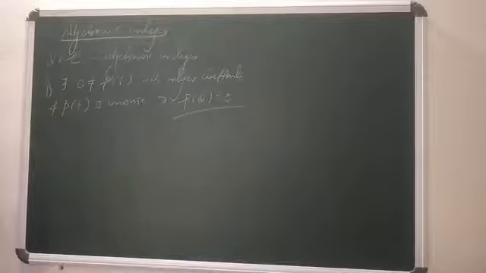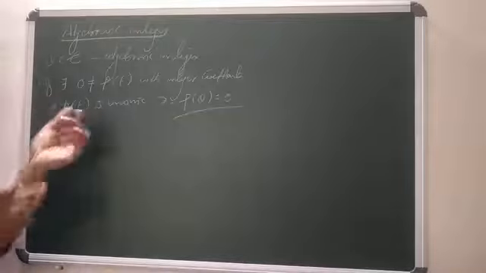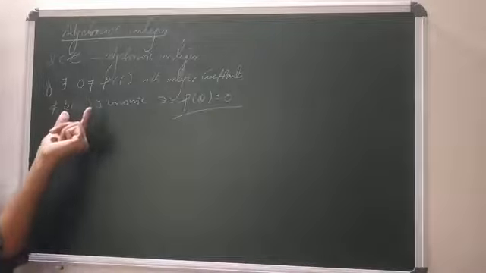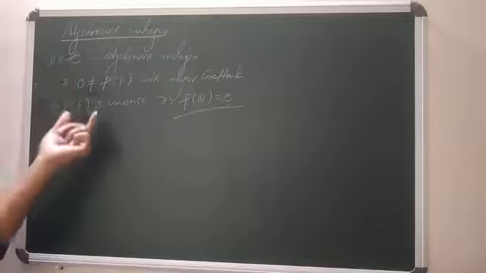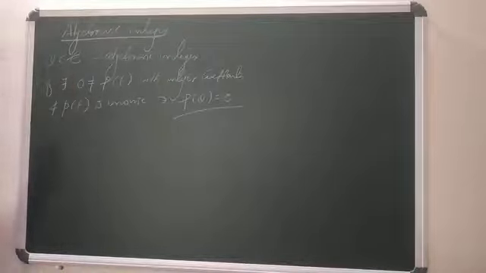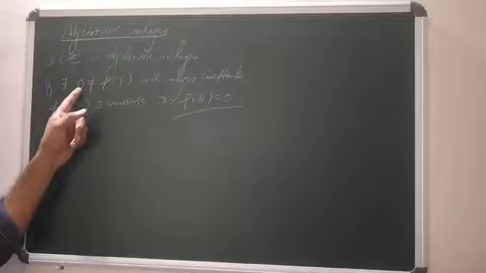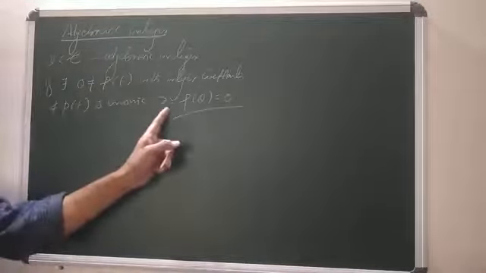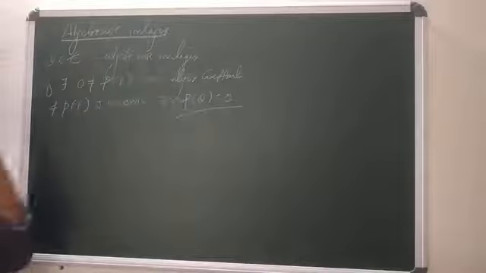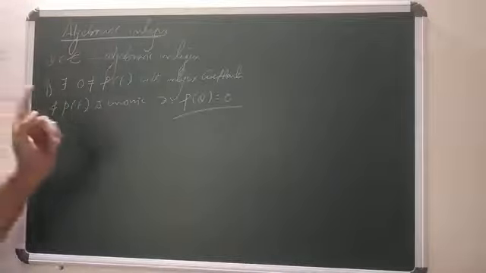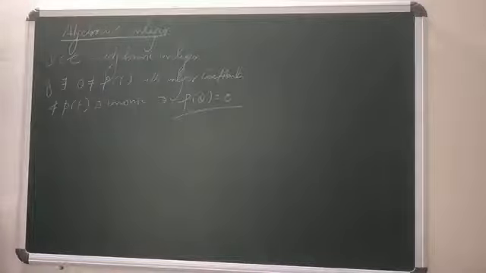A complex number theta is said to be an algebraic integer if there exists a non-zero monic polynomial. What is a monic polynomial? A polynomial whose highest degree coefficient is 1. That type of polynomial is said to be a monic polynomial. So there exists a non-zero monic polynomial p of t with integer coefficients, that is the crucial point, such that p of theta equals 0.